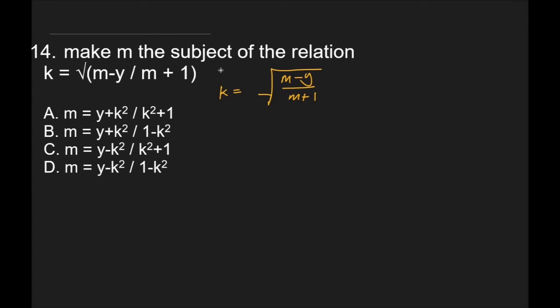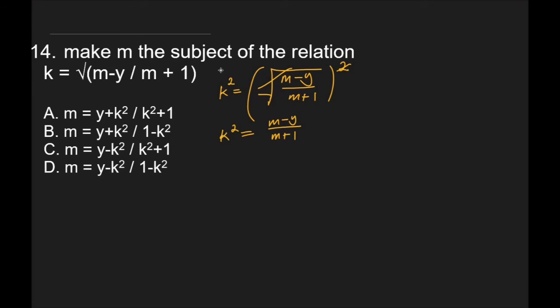Now, these square roots can be removed here by finding the square of this. But remember, you have to do the same here. So square can cancel square root. So we have k squared equal to m minus y all over m plus 1.